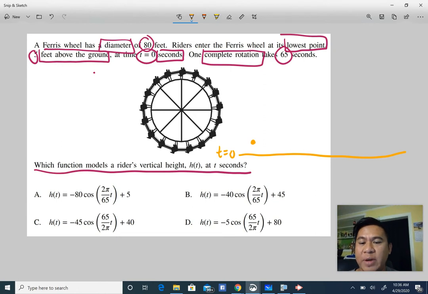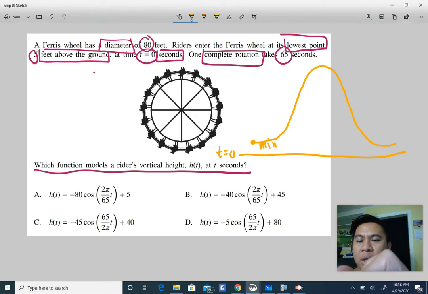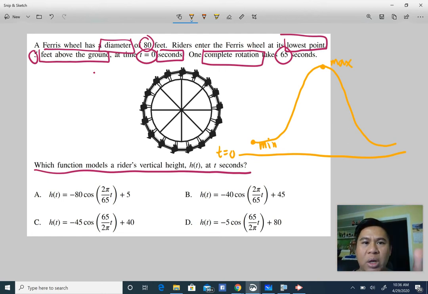That's the minimum value. Then it will go up and it will go down again. And what will be the maximum here? The minimum is 5 feet above the ground.